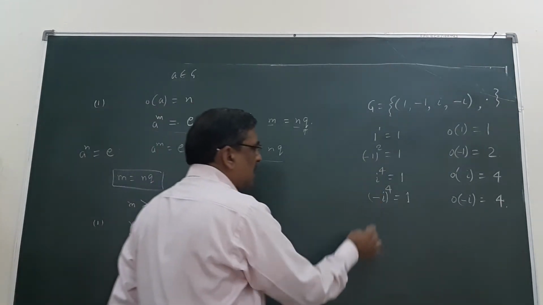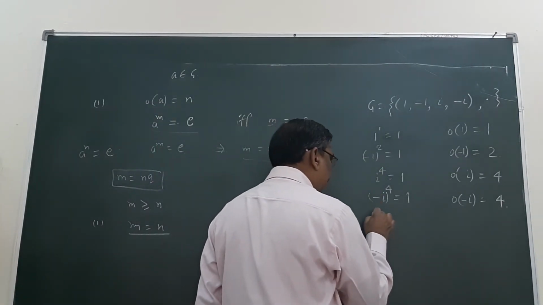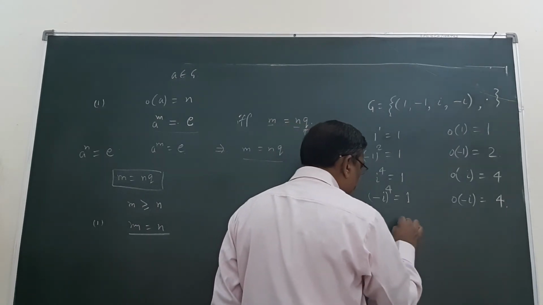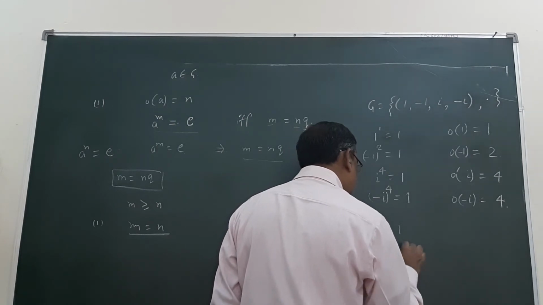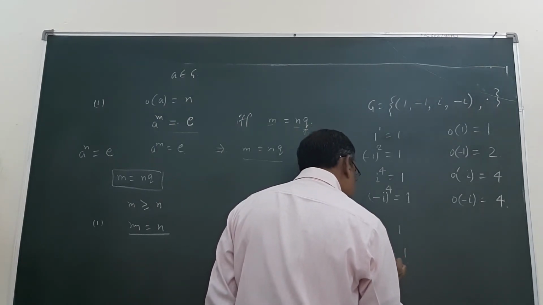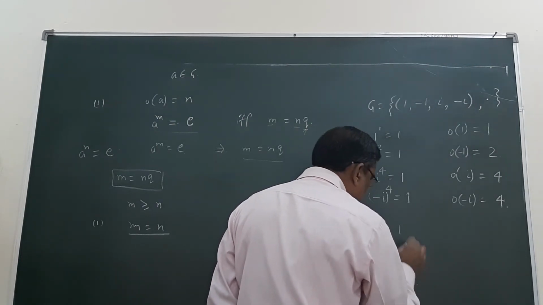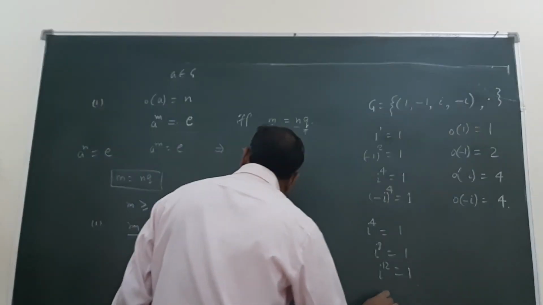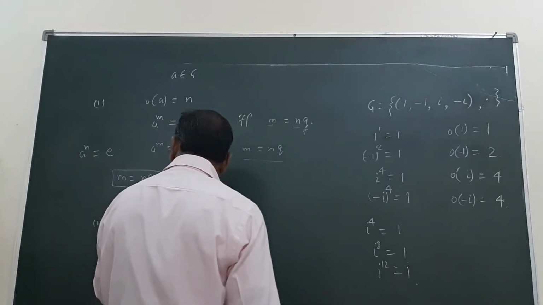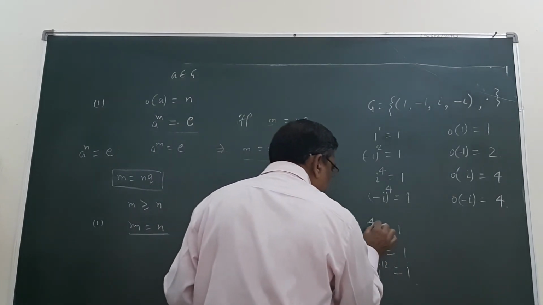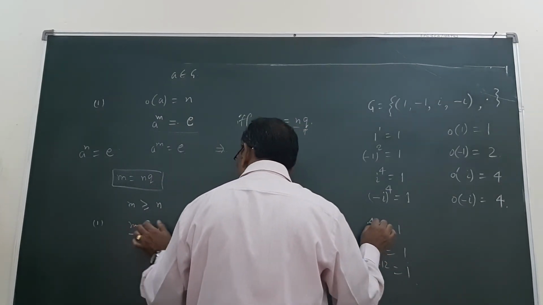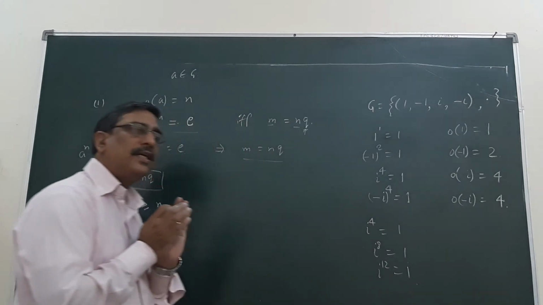For example, iota raised to the power 4 is equal to 1, iota raised to the power 8 is equal to 1, iota raised to the power 12 is equal to 1, etc. If I take m equal to 4 and n equal to 4, then the result is obvious.